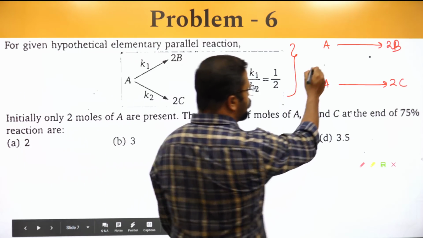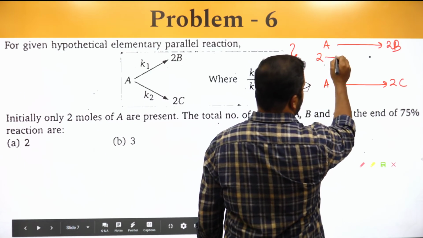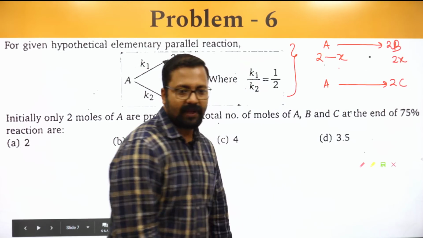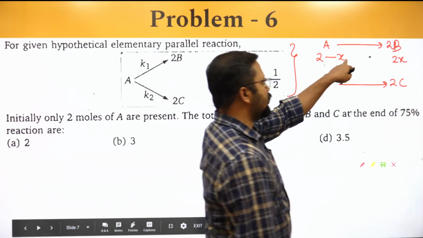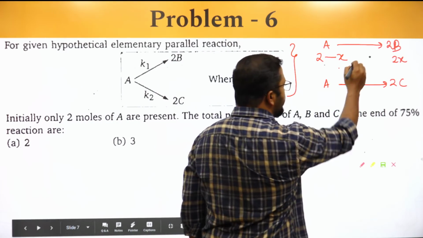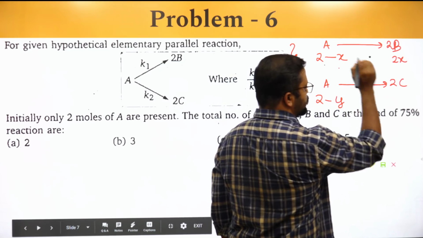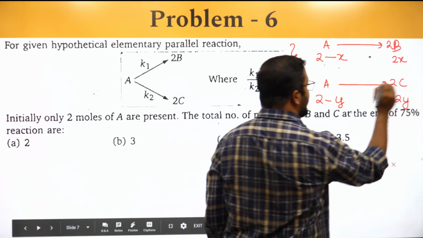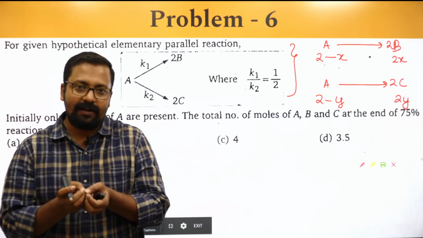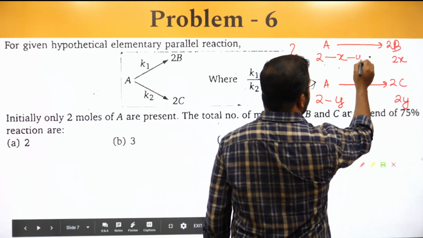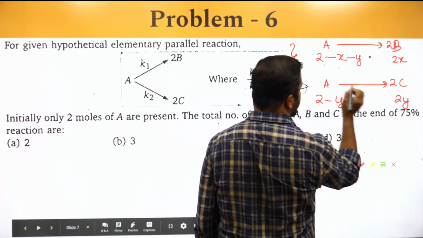Initial amount is given as 2. If it is dissociating by X amount, it will become 2X. Can I write this? If it is dissociating to X amount, I will write it as 2X. If the initial amount is 2 and it dissociates by Y amount, then it will become 2Y. But the same reactant is simultaneously breaking away, so we will add Y here and X here.